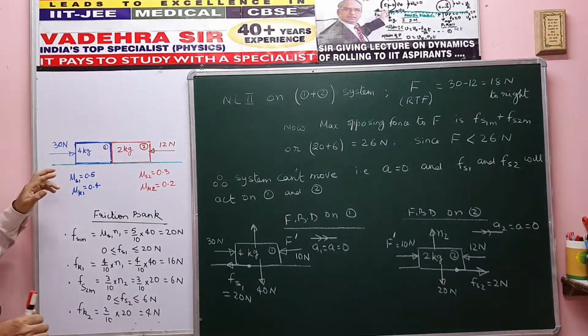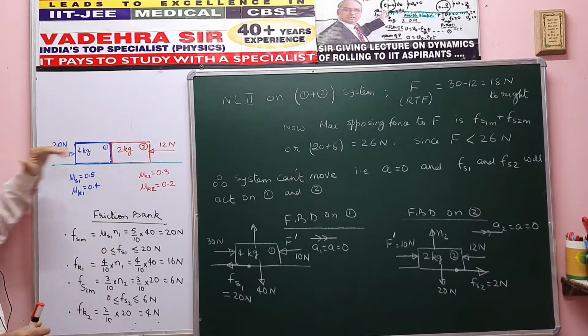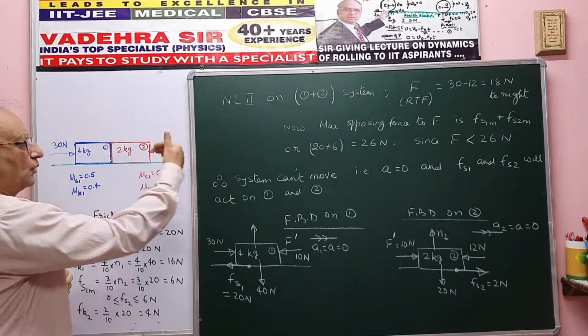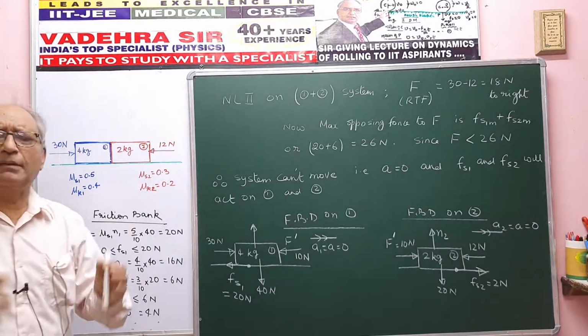All right. I apply a force of 30 Newton parallel to the x-axis in this direction, and a force of 12 Newton in this direction. So this is to the right and this is to the left. Purposely I am doing that.